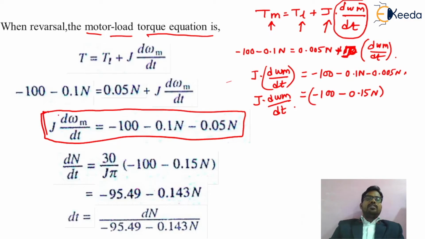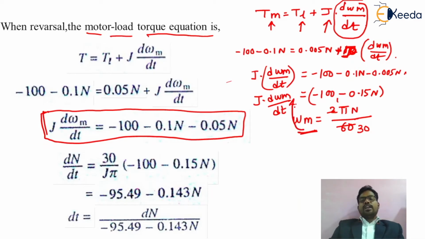After that equation, in the given problem we have the value of the speed. If you want to convert angular velocity into speed, omega m is equal to 2 pi N by 60, that is pi N by 30. Now we can substitute this value of omega m into that equation.